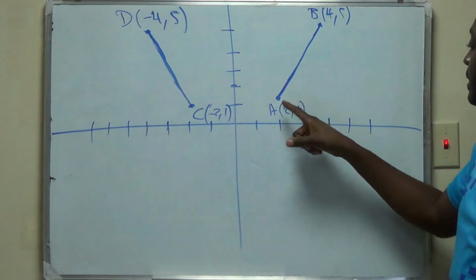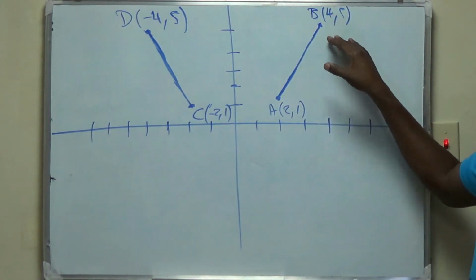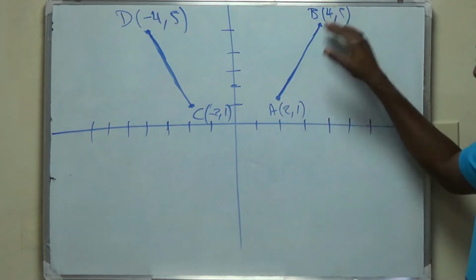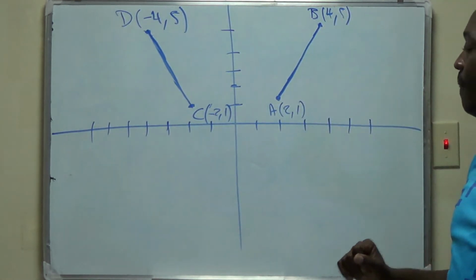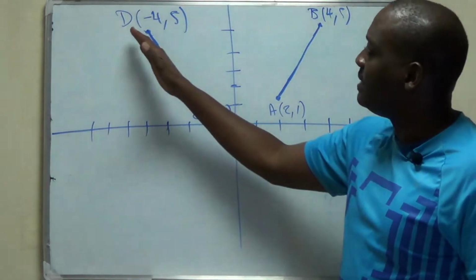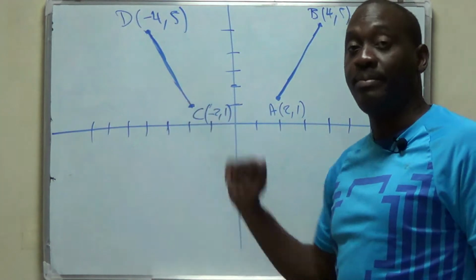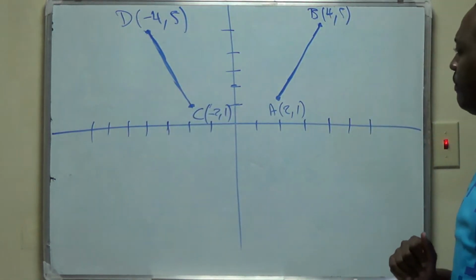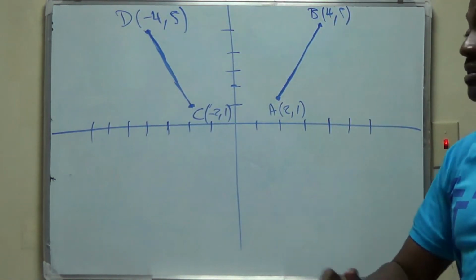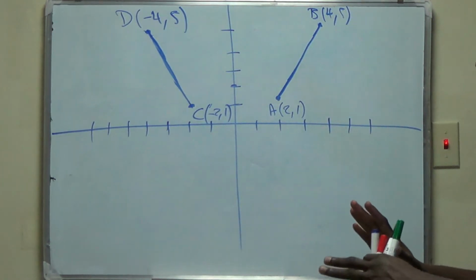So you have this point A (2,1) and this point B (4,5) defining this particular line segment. And then you have this point C (-2,1) and D (-4,5) defining this particular line segment. Good. So we're going to now find the gradient of both of these two lines and demonstrate the concept even further.